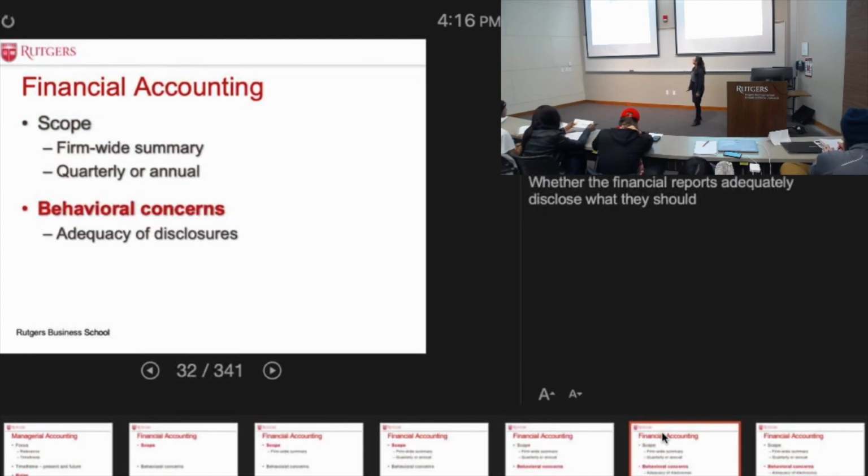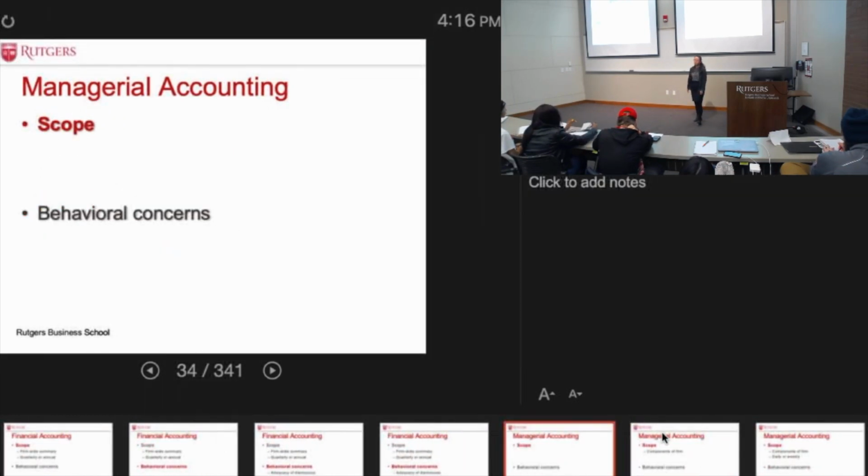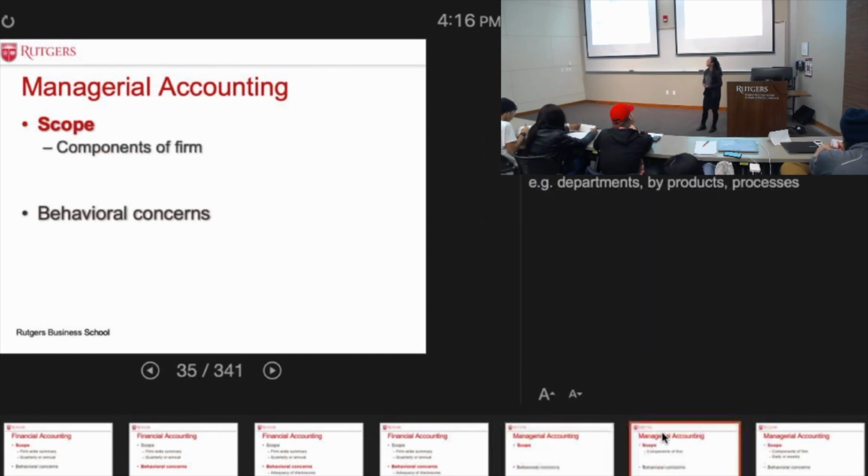And in comparison, for the managerial information, we can focus on the components of the firm. For example, for Apple, right? The managers just want to look at, let's say, the iPhone's performance. So we can just prepare the related information about the iPhone for the manager, right?